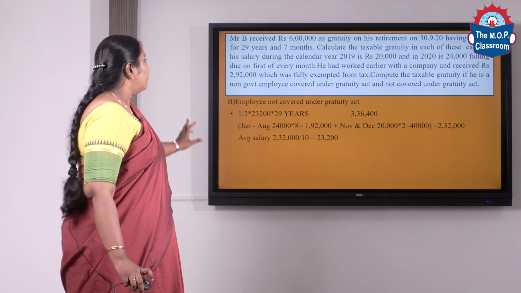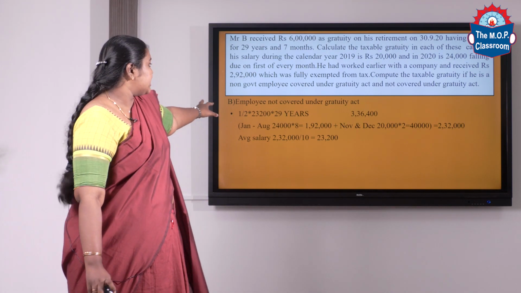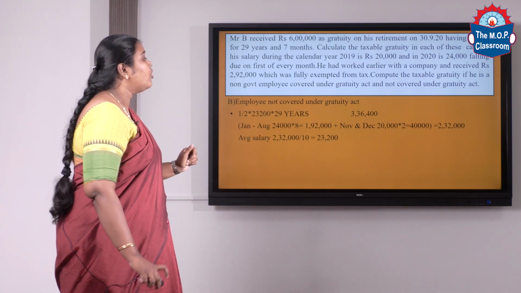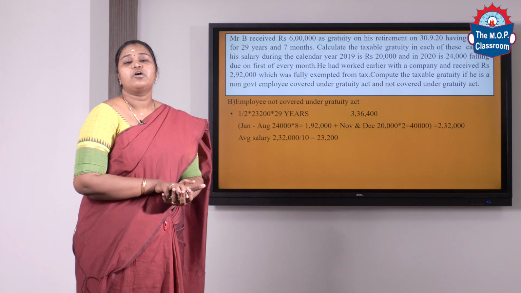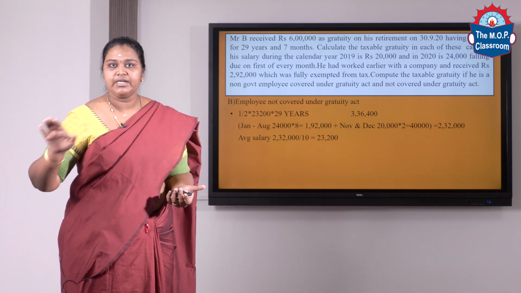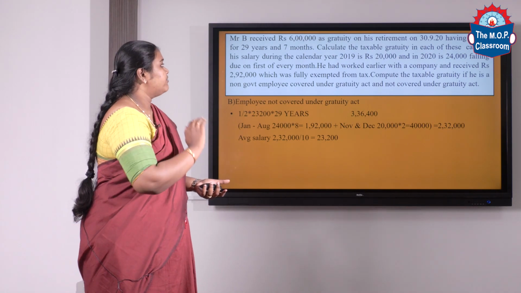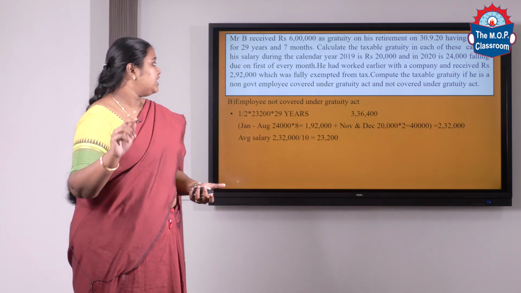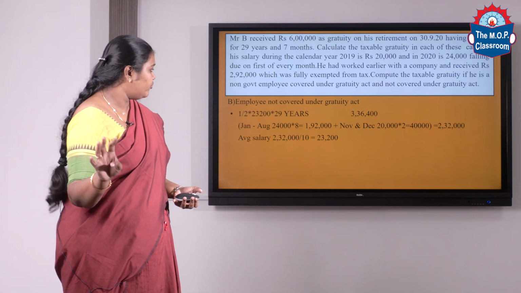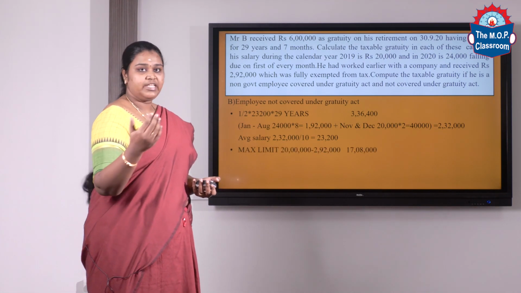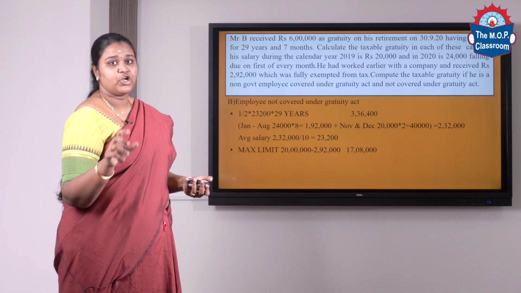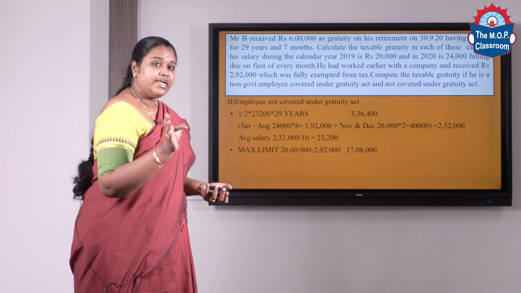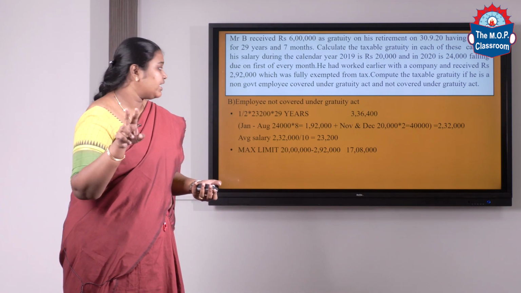So, divided by 10, it is 23,200. Now, coming to the provision, it is half into 23,200, which is your average salary, into 29 years of service, because we will be considering only completed years of service. The completed years of service as per the question will be 29 years. So, into 29 years, which will give you 3,36,400. Moving on to the next provision, your notified limit will be rupees 20 lakhs, out of which the already exempted amount during the service is 2,92,000.